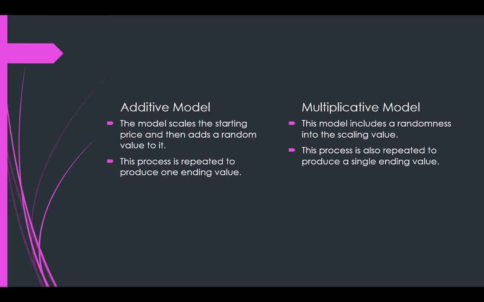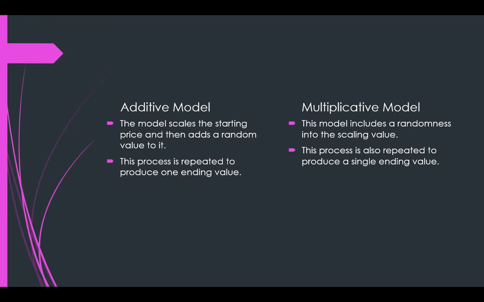The additive model scales the starting price and then adds a random value to it to achieve the second time period's price. And then that process is repeated again and again until it reaches the end.